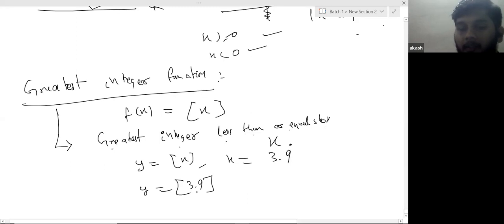The greatest integer that satisfies this should not be greater than 3.9. So let's take integers 0, 1, 2, 3, 4. 3 is the maximum integer we can reach because 4 is greater than 3.9. So 3 is the answer. Is this clear?